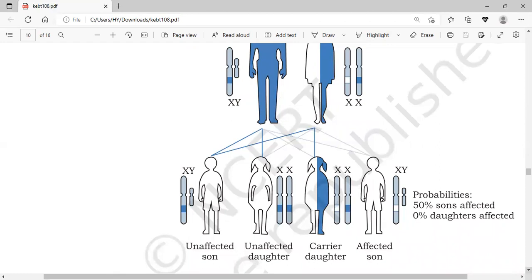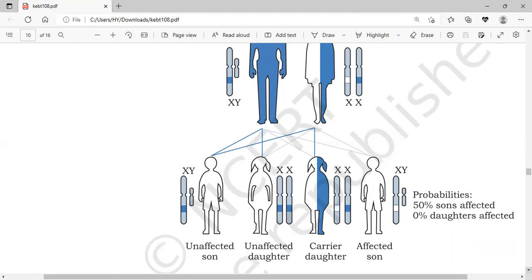That son becomes affected because the X chromosome has the defective gene. Among the daughters, one is a carrier and the other is unaffected.